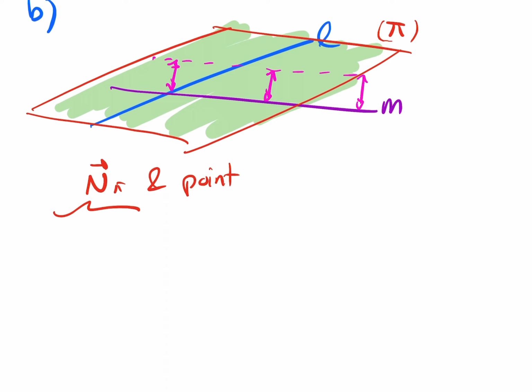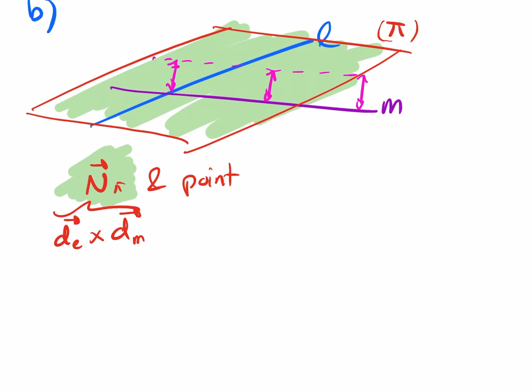We know that the plane pi contains line L and is parallel to line M, which means the direction vector of line L and the direction vector of line M are contained in the plane, and therefore the cross product of these two vectors will give us the normal vector of the plane.